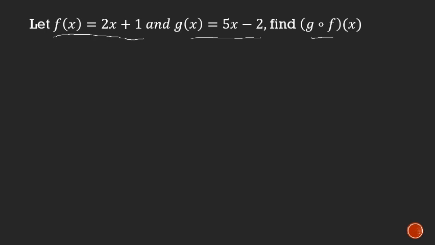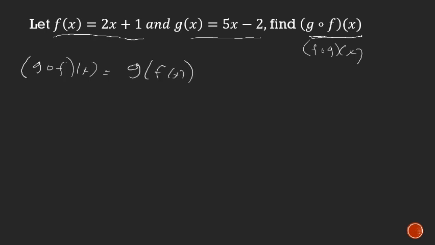Previously we solved the f circle g of x. This time we are going to find the g circle of f of x. So by the definition, we have g circle f of x is equal to the g of f of x.